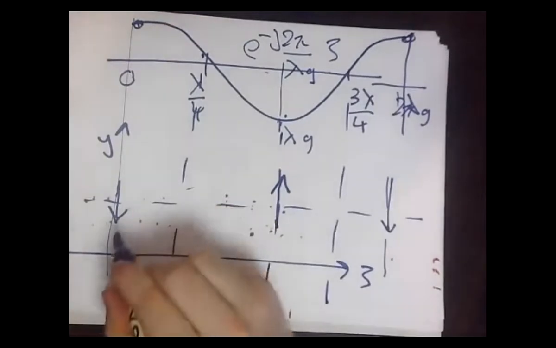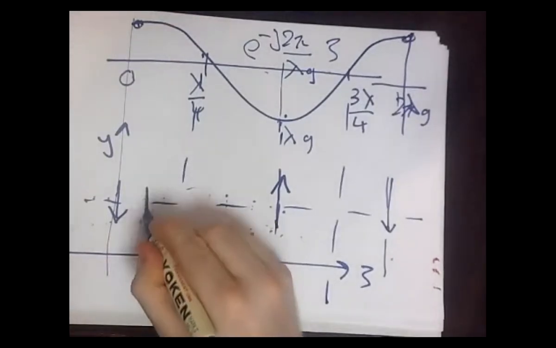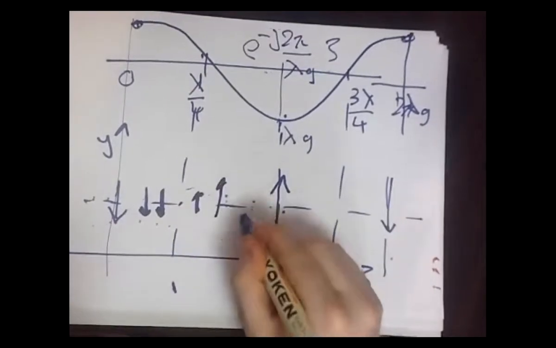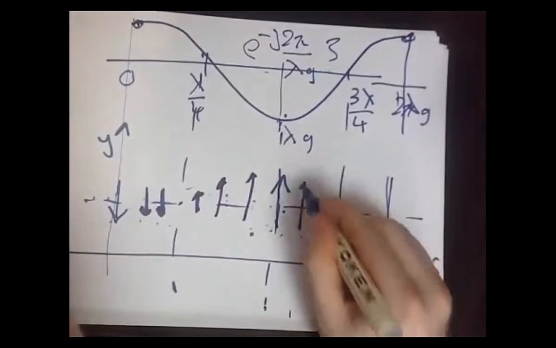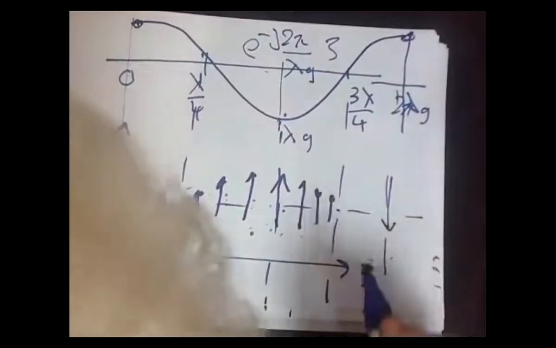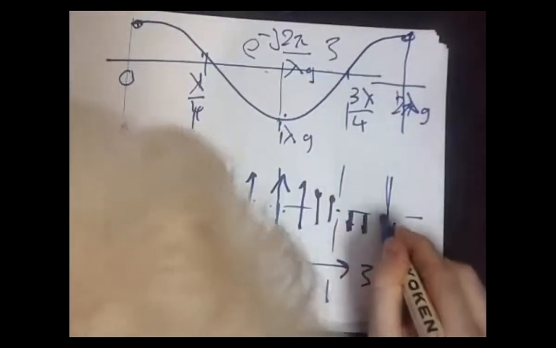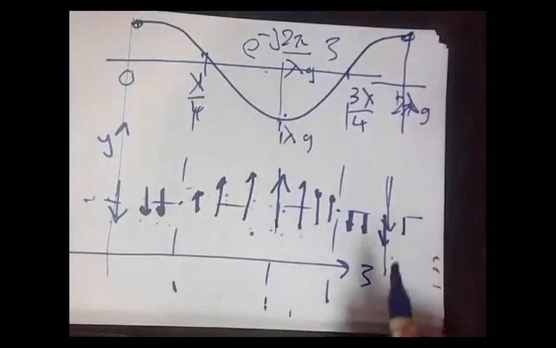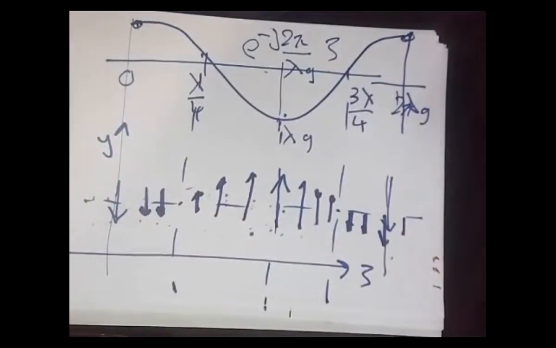So in between, we will have something like that. And so we have this sinusoidal variation in the circle.